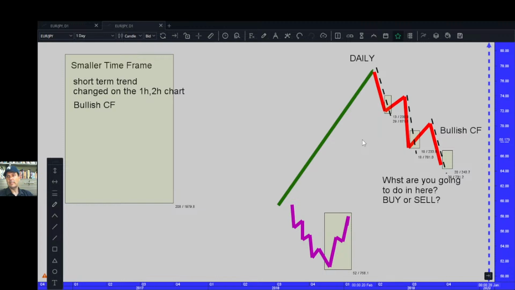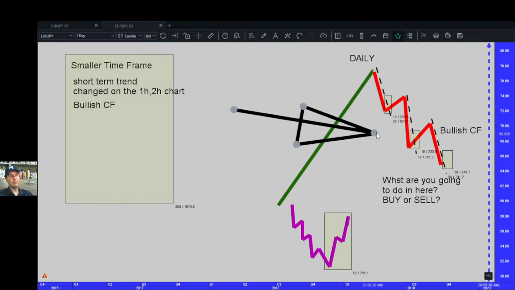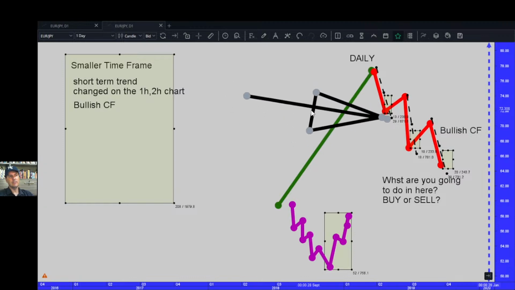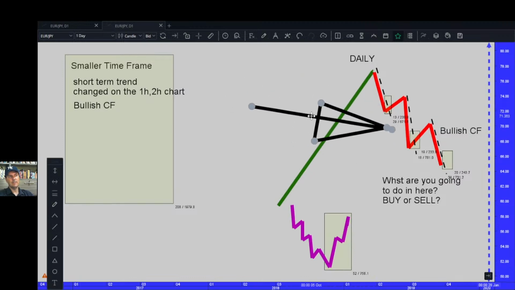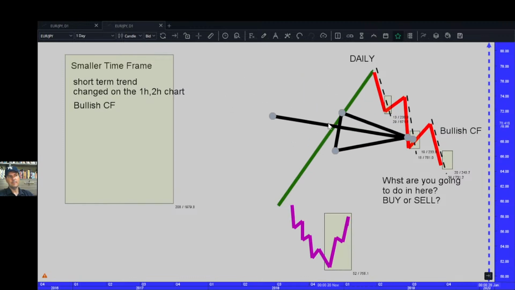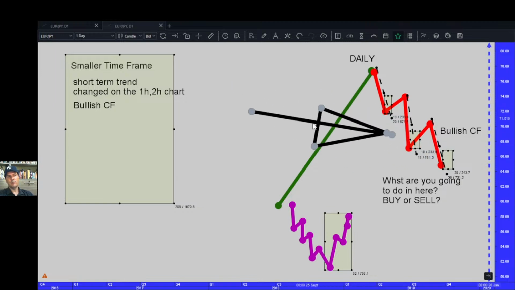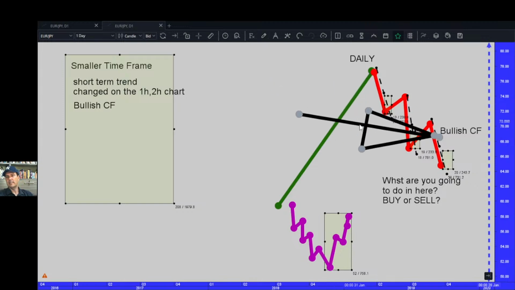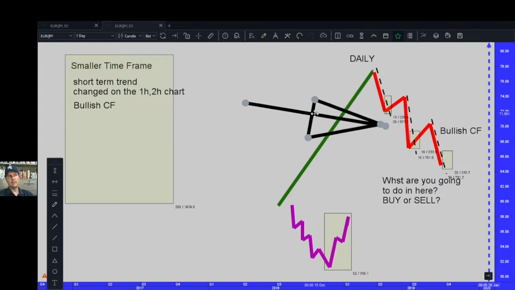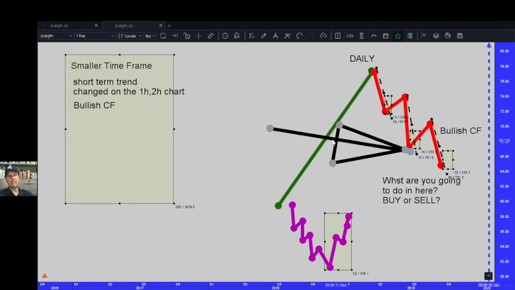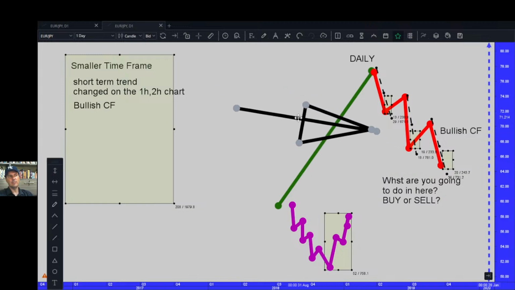Hopefully this lesson today is going to be an eye-opener for some of you. This is a sure way for you to burn the account. Make sense? You going long right now, it's you speculating the market is going to reverse.